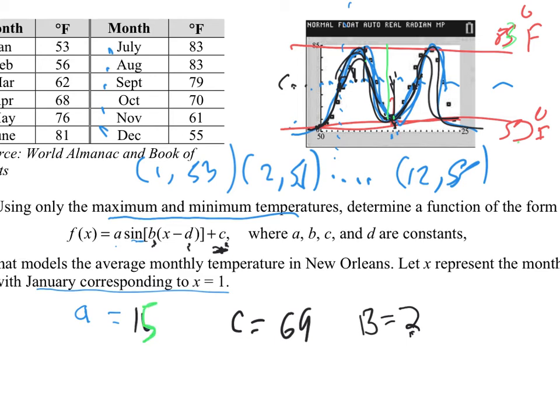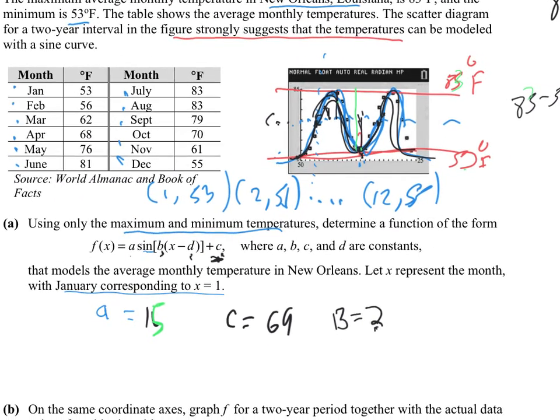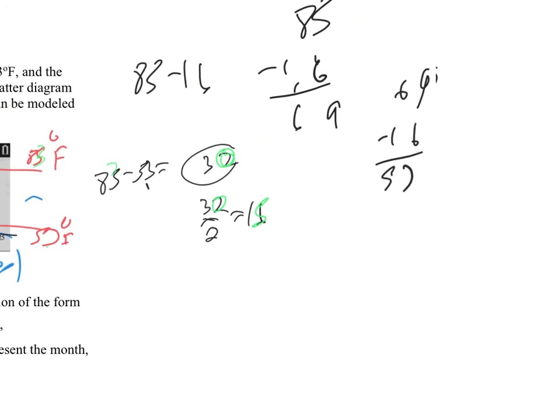And then the C will change. Okay, the C is going to change. How much will the C change? What did I have? I had 69. It'd be 68, if I did my math over here somewhere.